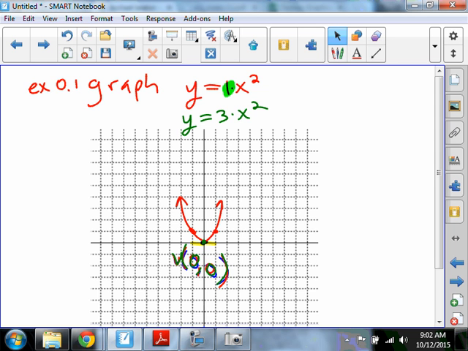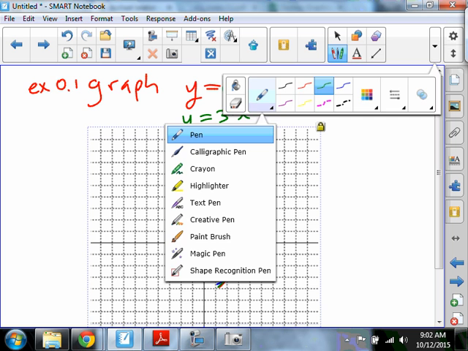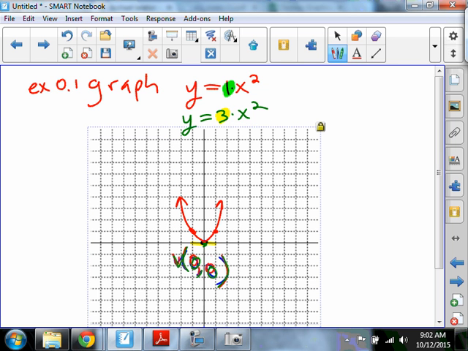Now my A value is 3. So this time, I'm still going over 1, but now I'm going up 3. So over 1 and up 3. 1, 2, 3. So when I graph this one, it's going to look like that, right?